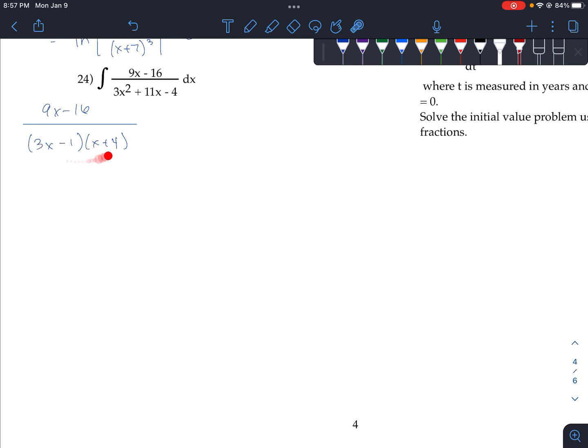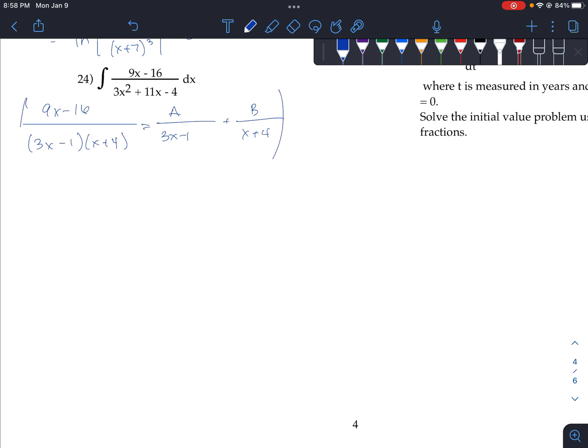That would give you 3x squared, that would give you positive 12 minus 1, which is 11x. Yeah. So that'd be A over 3x minus 1 plus B divided by x plus 4.